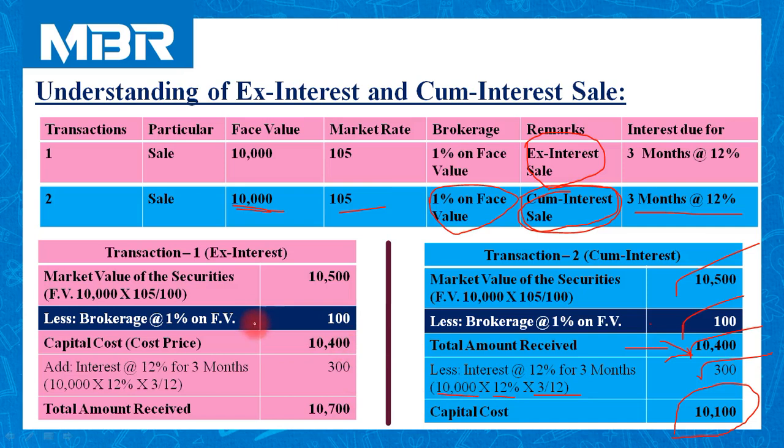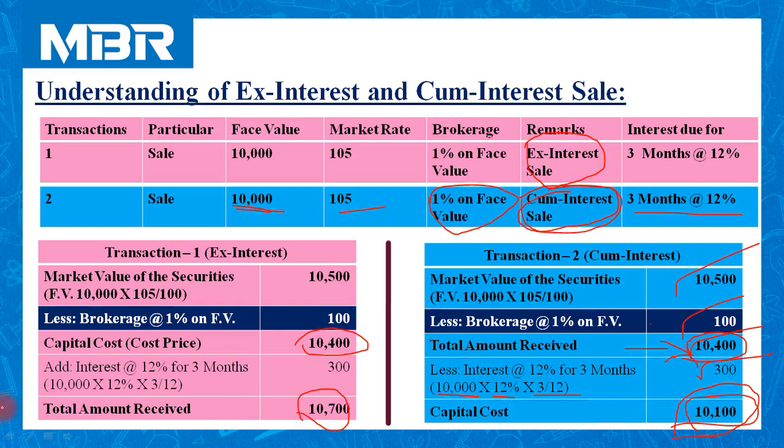In X interest, capital cost comes first. In cum interest, capital cost comes at last. In X interest, total amount received comes at last, and in cum interest it is coming at first place.